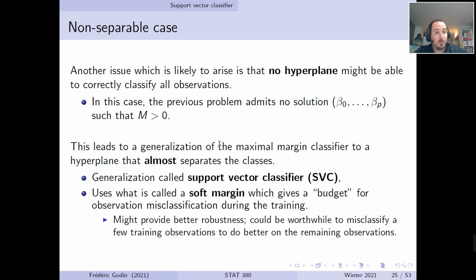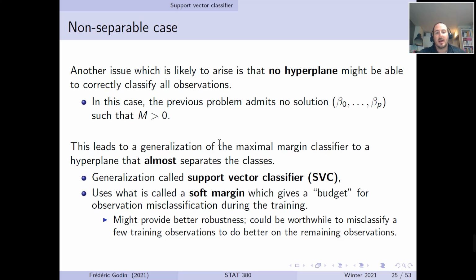But to do that, we'll allow for a budget of violations. We'll impose that the amount of observations being on the wrong side of the hyperplane or within the margin should not be too much. Some observations can violate it to a certain extent, but we're going to impose a cap on the amount of violation that occurs.